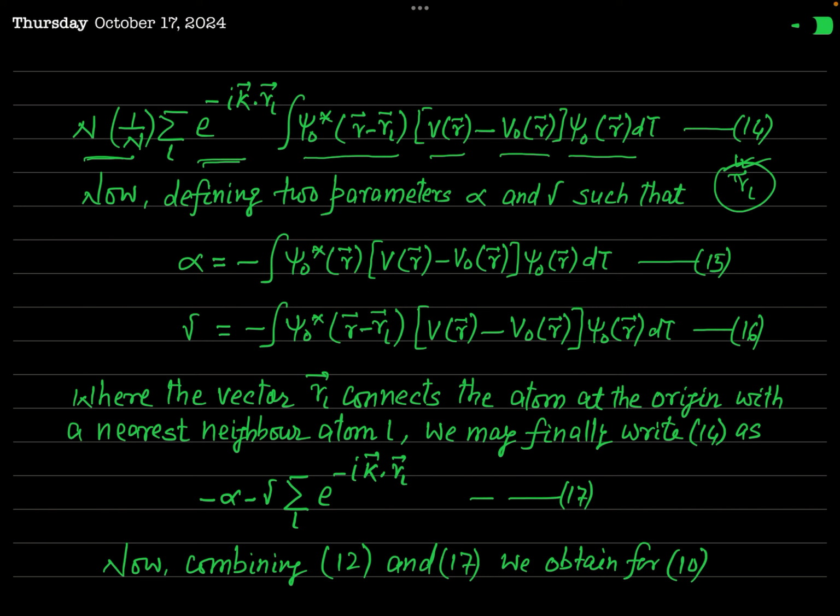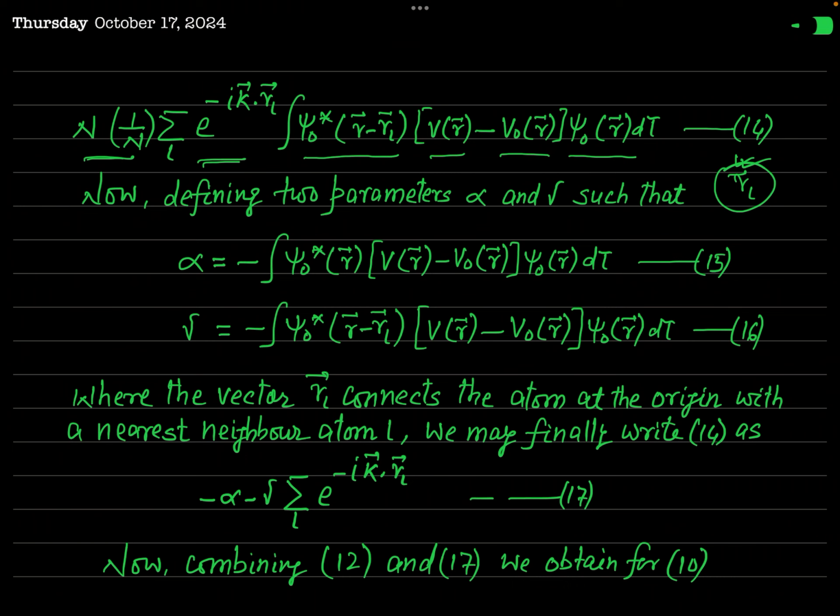However, in view of the fact that the wave function psi naught falls off very rapidly with distance, the contributions of the terms in the summation decrease very rapidly as R_L increases. It is therefore a reasonable approximation to consider the nearest neighbor terms only.